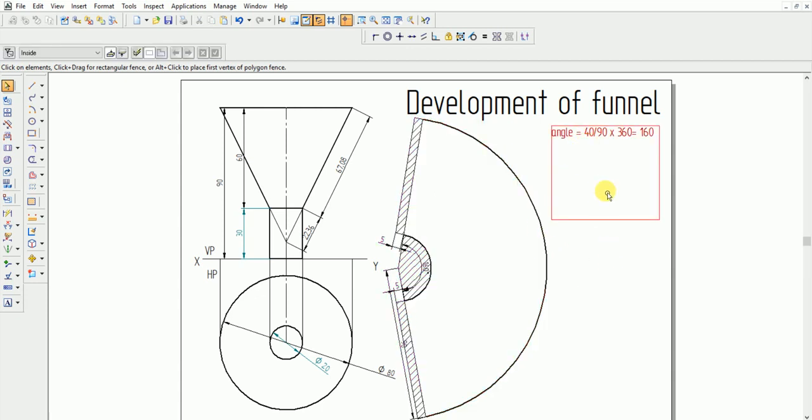Yes, so let me do the calculation here itself.